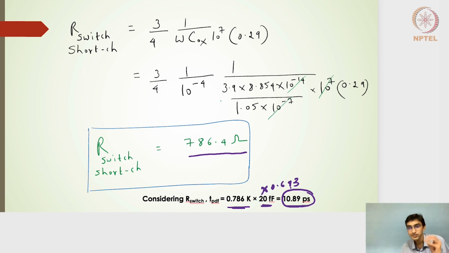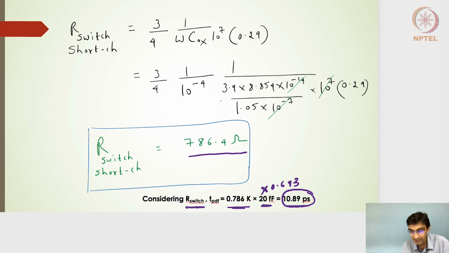Whereas we had calculated using the transistor short channel current and then evaluating the output voltage expression, the linearly decreasing profile, and then putting the 0.5 volts, we had identified the tPHL using the transistor current equation as 10 point some value, 10.79 or something like that. And here we are reaching very close to 10.89 picoseconds, which is very close to what we had earlier calculated.